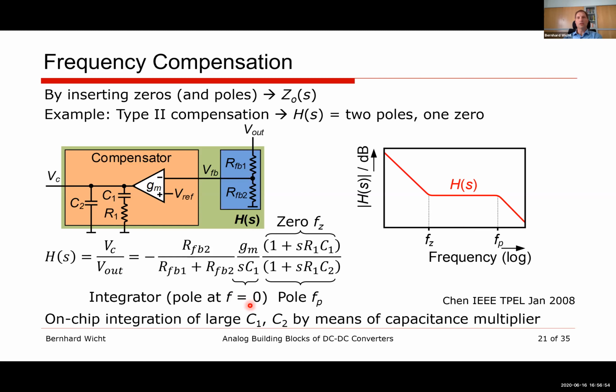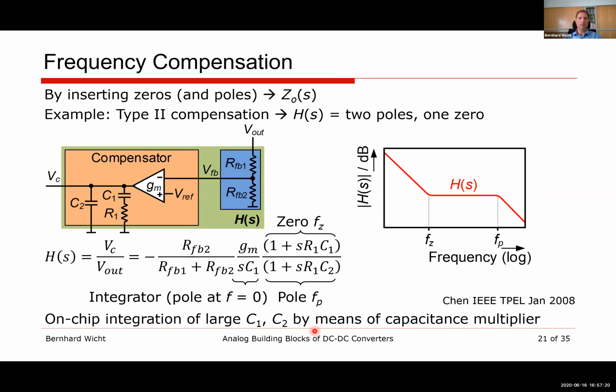Sometimes we achieve really large values, unfortunately, so that we cannot fully integrate this compensation. So we need an extra pin, which is good because then you are flexible to size your own frequency behavior. However, some customers, some applications do not want to bother with these stability issues. So they would like to have everything fully integrated.